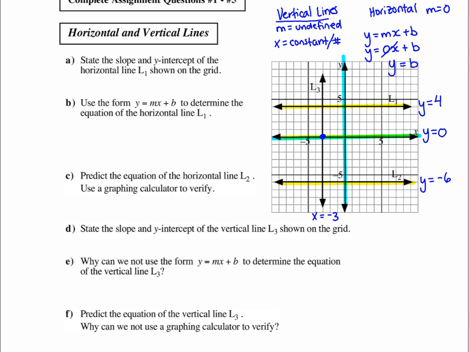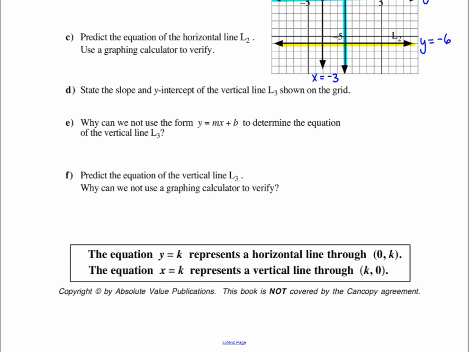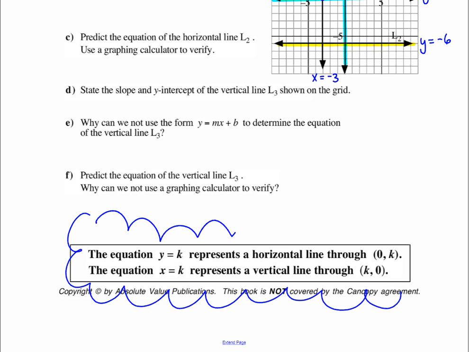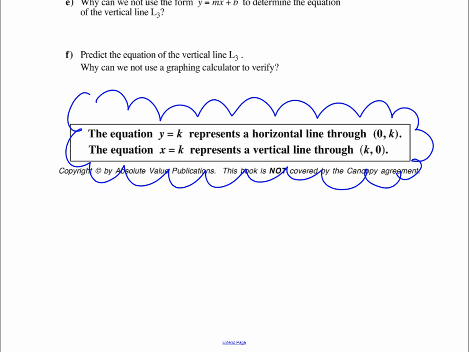Every single coordinate has x is negative 3. y could be whatever. So all we really need to touch on is that when you have y equals a constant, that's a horizontal line. x equals a constant is a vertical line.